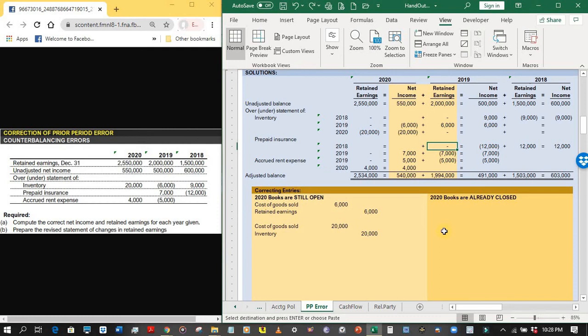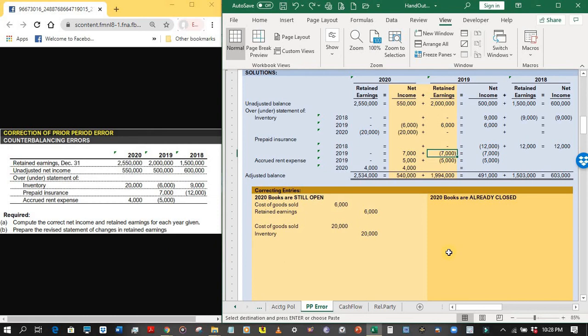So that is the 7,000 pesos. Looking at these two rows, we have adjustments on net income and retained earnings. So the 7,000 will be added to net income, which means we need to credit a nominal account in order to increase net income. And there is a decrease in retained earnings for 7,000 pesos.